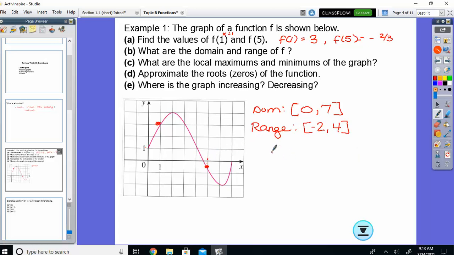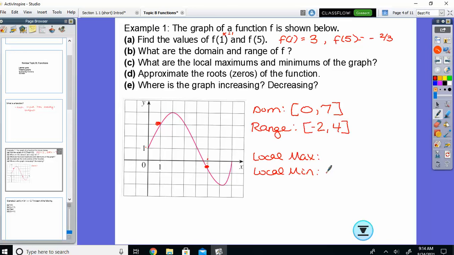Local maximums and minimums. Okay. When I say local, that means it doesn't have to be the highest or lowest point on the entire graph, just higher or lower than the points around it. Also the local ones can't include endpoints.